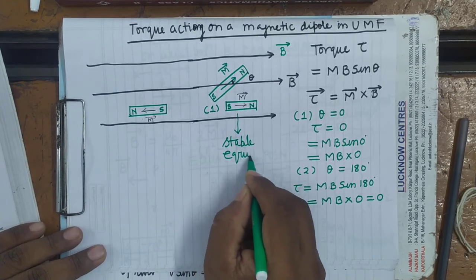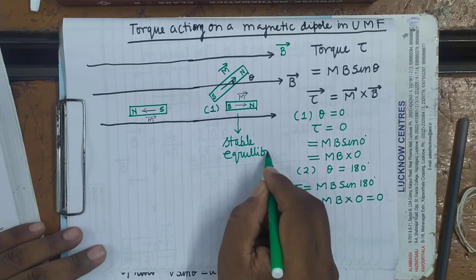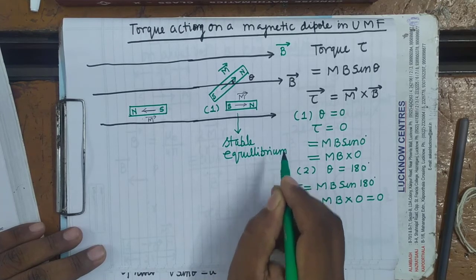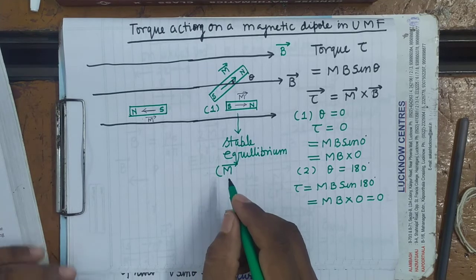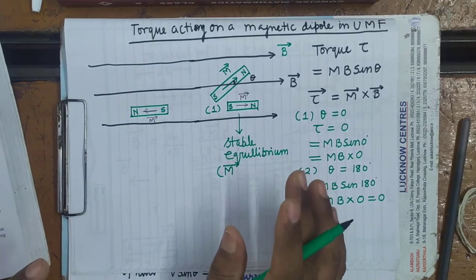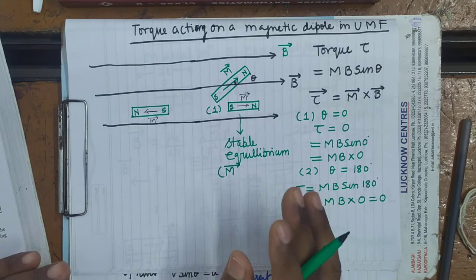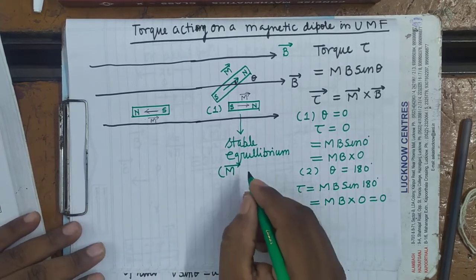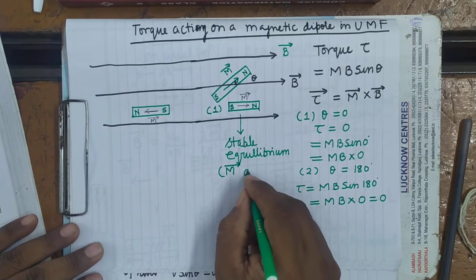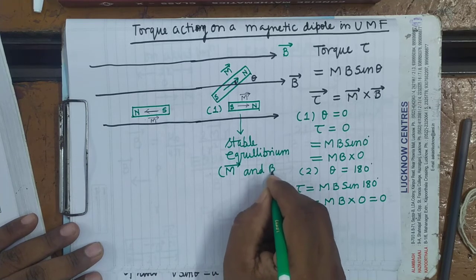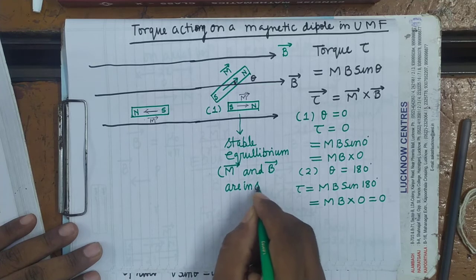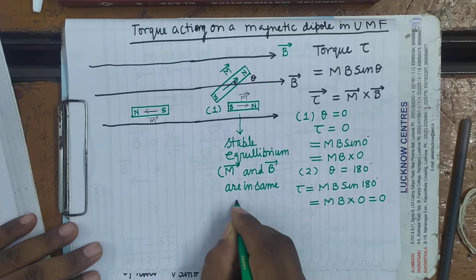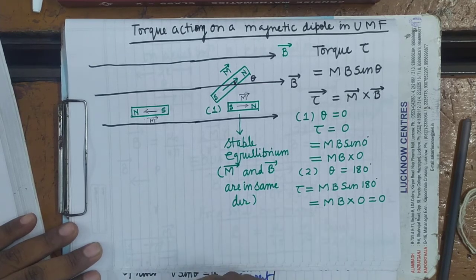It's clear. We will remember that when vector M and vector B are in the same direction, the dipole is placed in the external magnetic field in such a way that dipole moment vector and magnetic field vector are in the same direction, then it will be in the stable equilibrium.